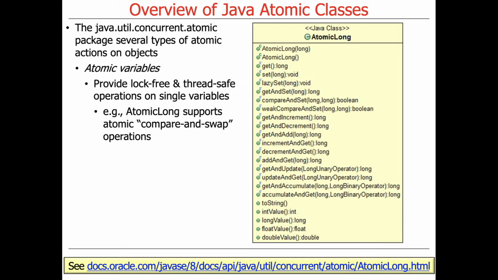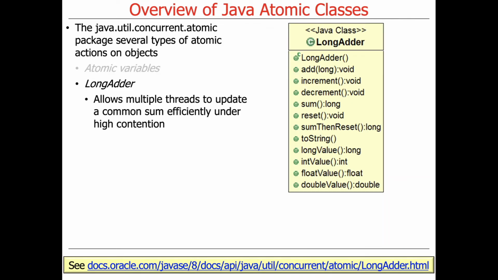For example, there's a class called atomic long, which we'll talk about in more detail in just a bit, that supports atomic operations using the compare and swap capability that's provided by the underlying Java virtual machine and the hardware. There's also another class, which we're not going to spend much time on, but I mention because it's interesting, called long adder.